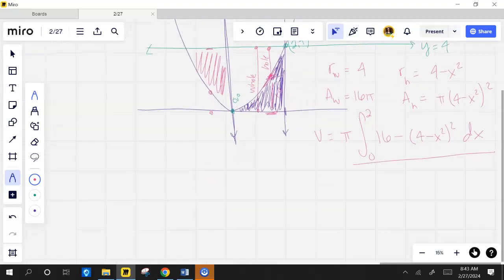I got 224 pi over 15. Which is actually the very next answer up top on pi. After I calculated it on the calculator, I hit math enter. Don't put the pi in. Leave the pi out. The pi comes from the outside here. All of these, you're just going to throw the pi on in the end.